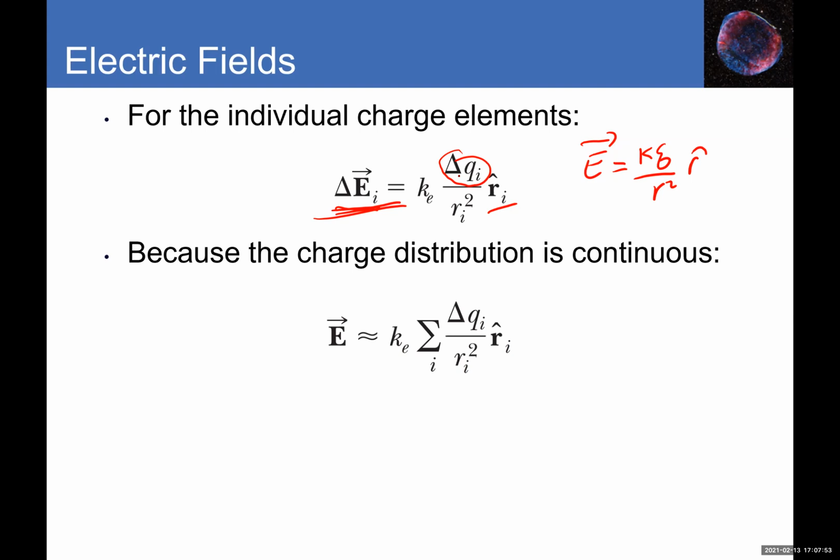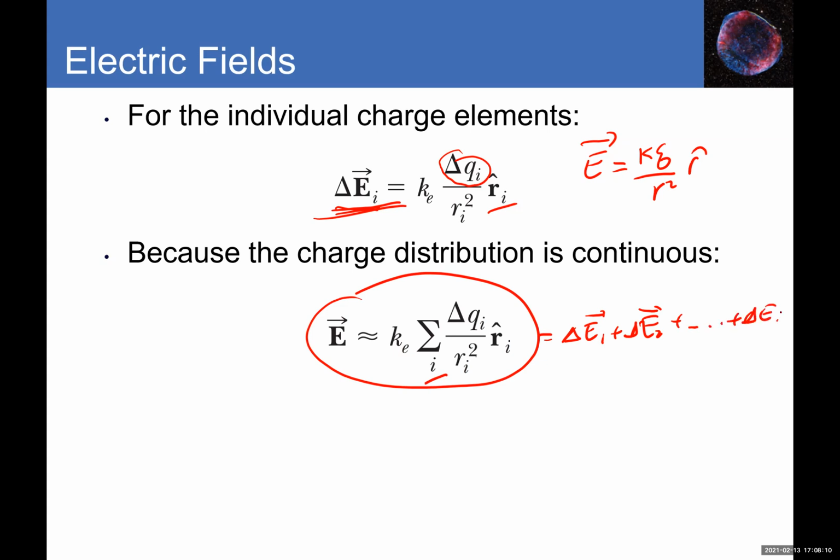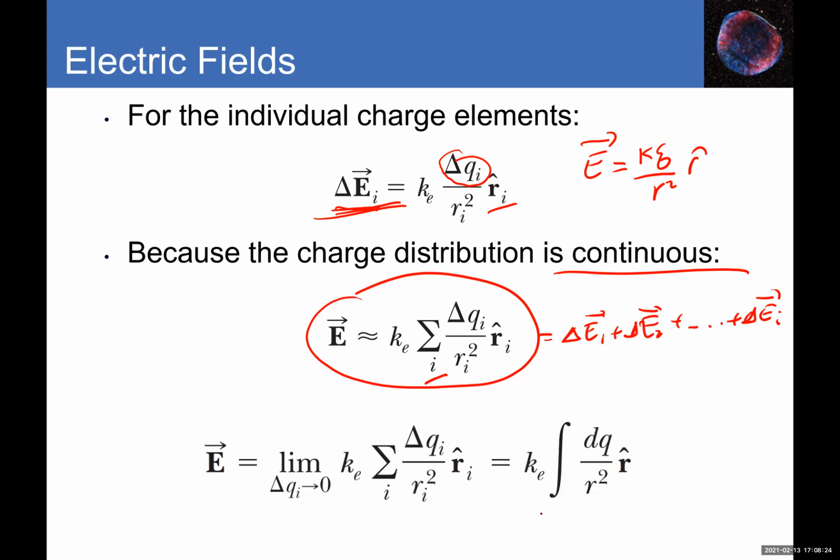Okay, so because the charge distribution is continuous, I need to find the sum of all the delta E1 plus delta E2 plus that, plus delta EI. That means all of them added together. Well, if you have a really large number of elements and a continuous distribution, we know, hopefully from calculus, that when we take the limit as delta Q sub I approaches 0, this sum pretty much becomes an integral.